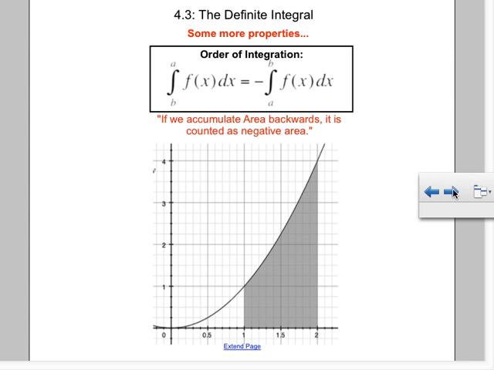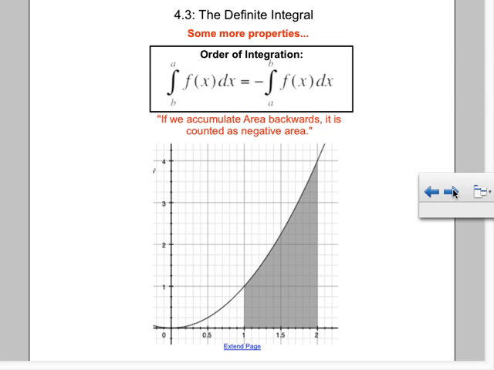What if you had area that was below the x-axis already, but you were going backwards? What would it be counted as then? Positive or negative? Yeah. If the area was below the x-axis, but you were going backwards on it, then it would be counted as positive area, because a negative negative is a positive.